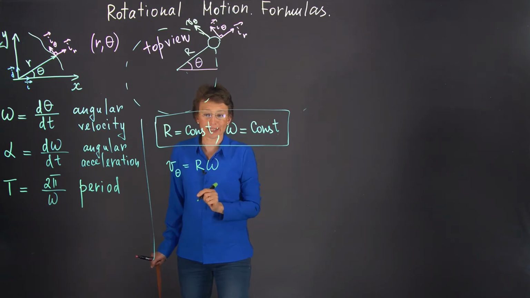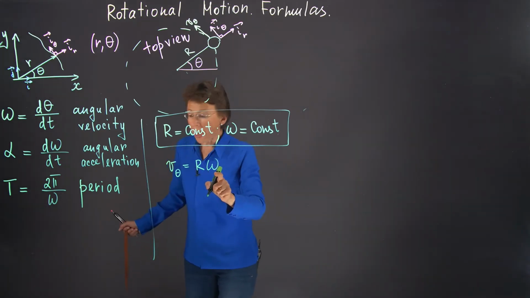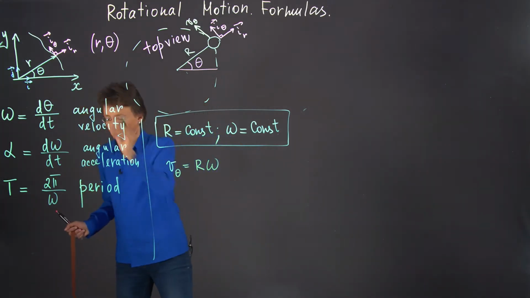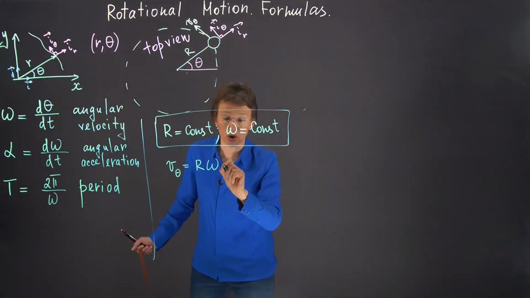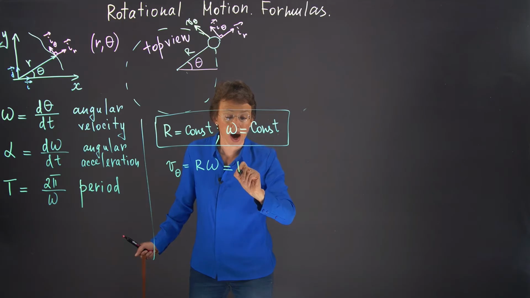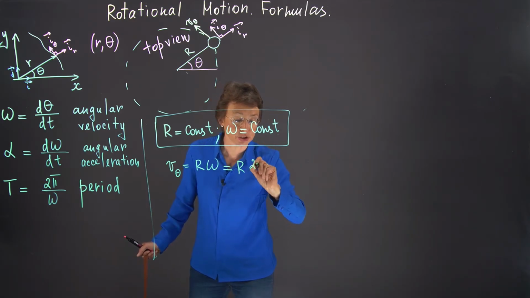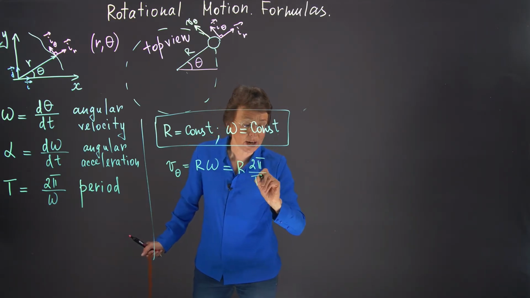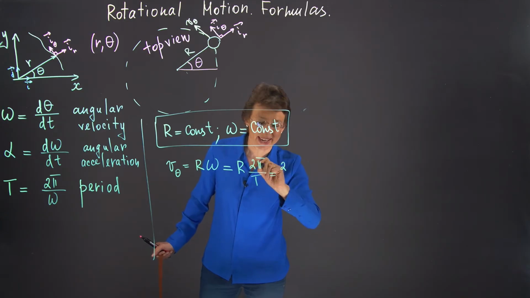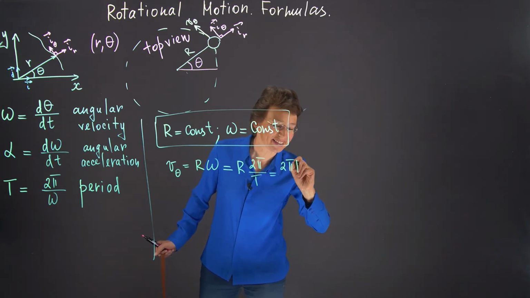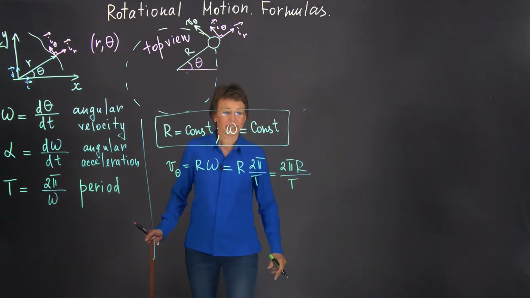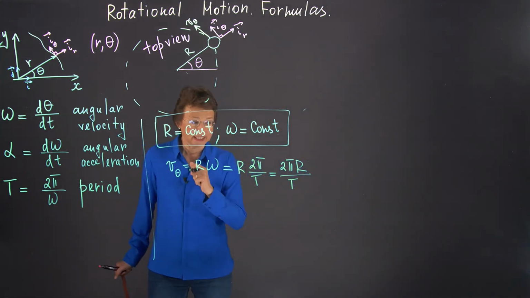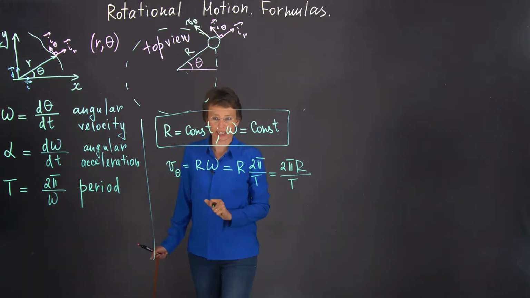V theta is r omega. But omega is 2 pi over T, over period. So I will write it as r times 2 pi over T, or in a better way as 2 pi r, circumference, divided by period. And this is my v theta for this specific case.